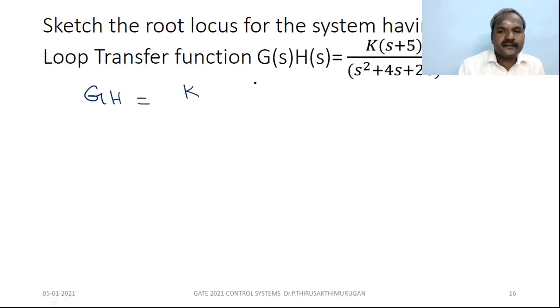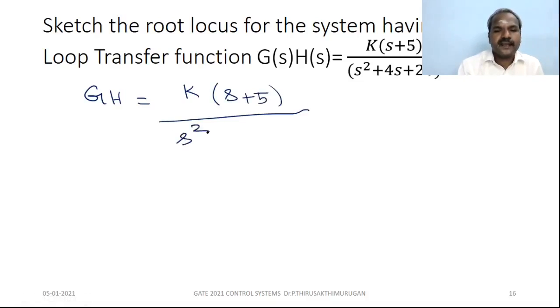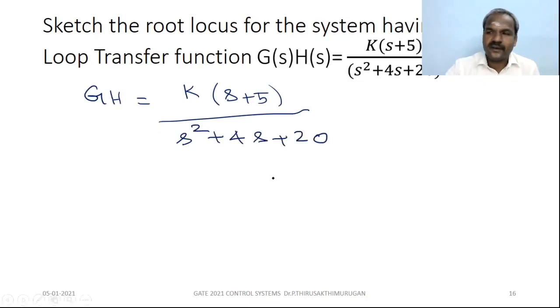K into S plus 5 divided by S square plus 4s plus 20. Understand? So what are the poles and zeros?